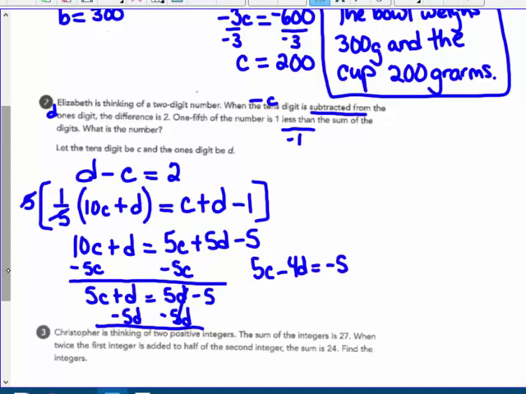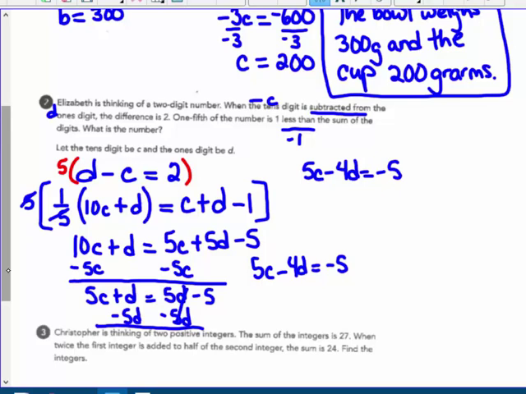So that's my two equations. D minus c equals 2, and 5c minus 4d equals negative 5. If I multiply this top equation times 5, I'm going to eliminate my c's by multiplying my original d minus c equals 2.